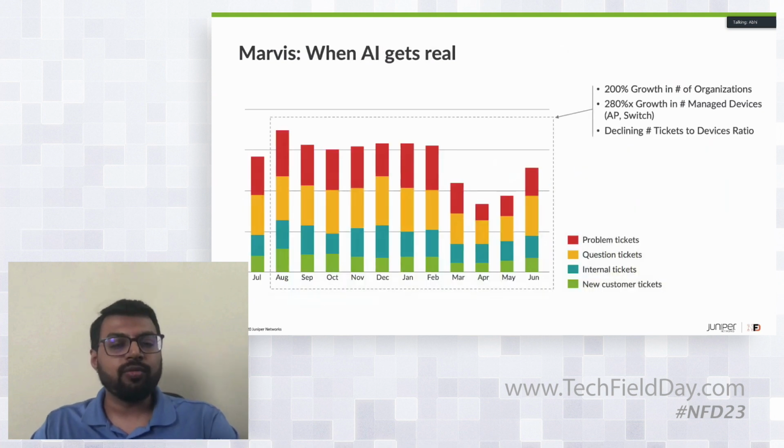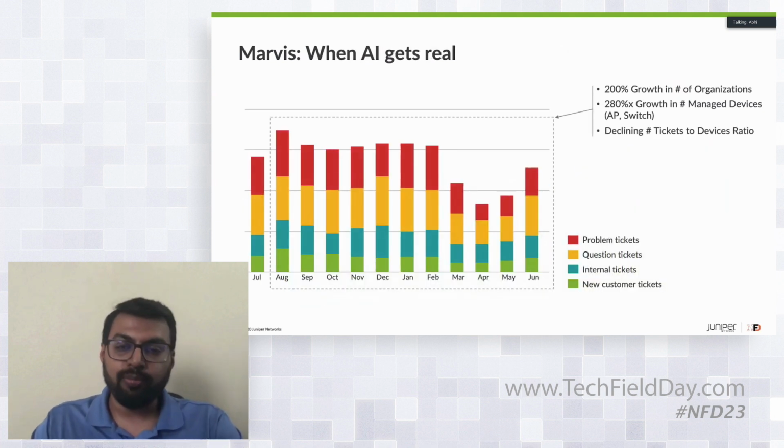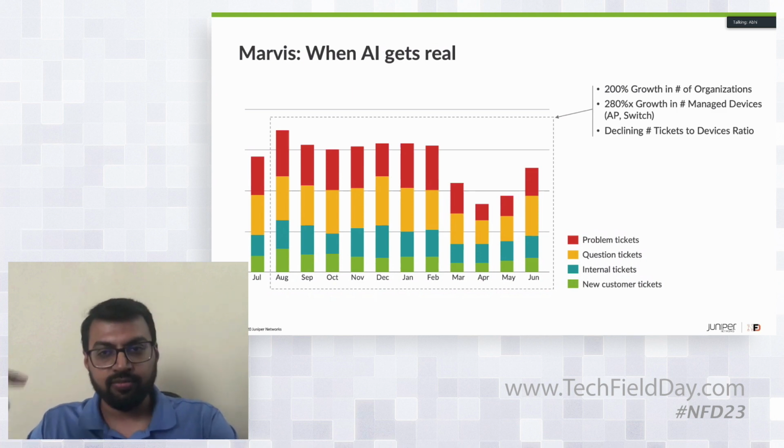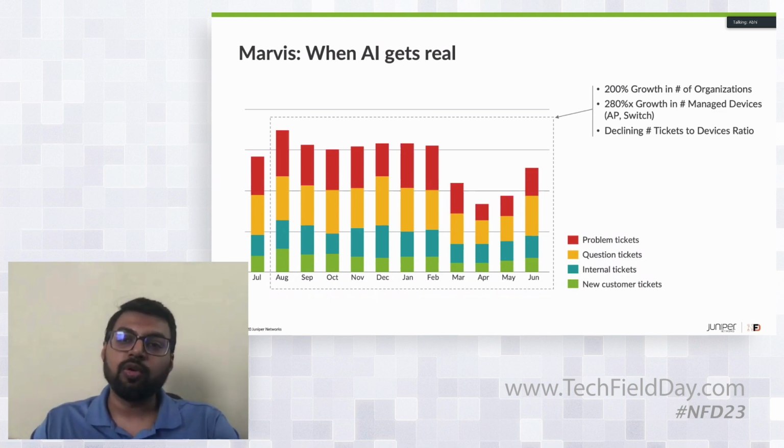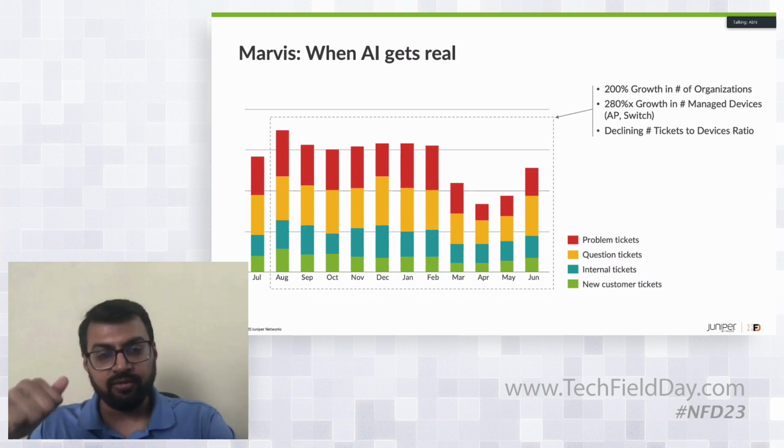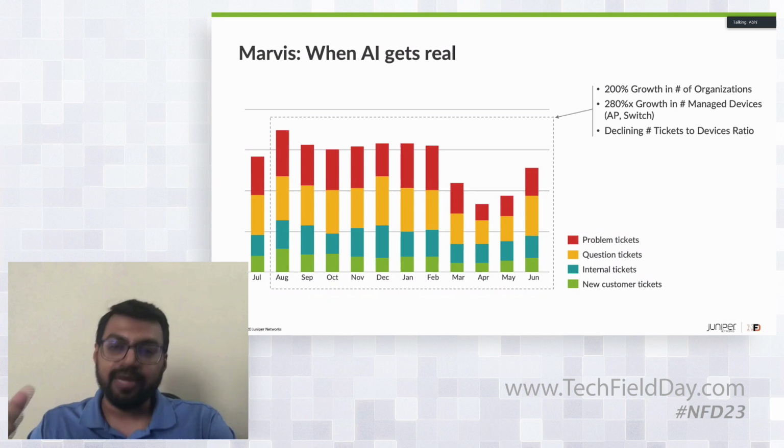We also want to leave you with one important stat as to why MARVIS is real. Ever since last July, the acquisition and post-acquisition, we've had 200% growth in the number of organizations that we support, and 280% growth in the number of devices that we manage, be it APs and switches. But as you can see, the number of tickets has declined.